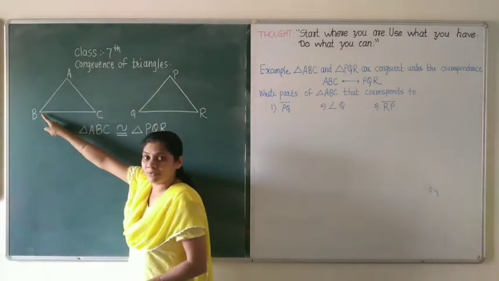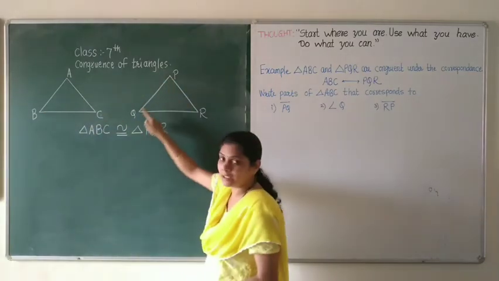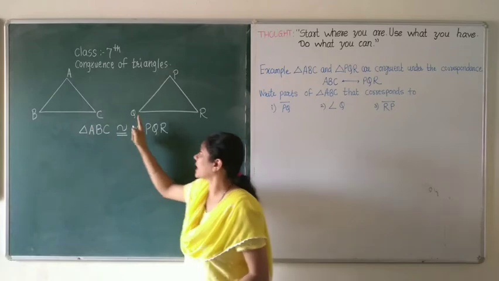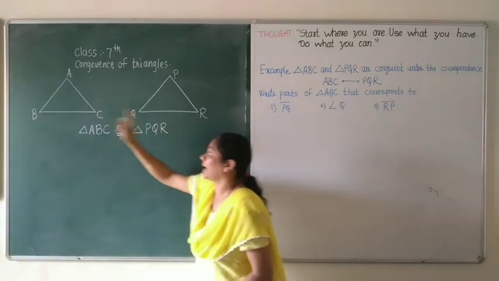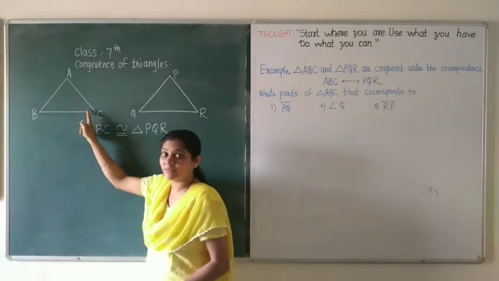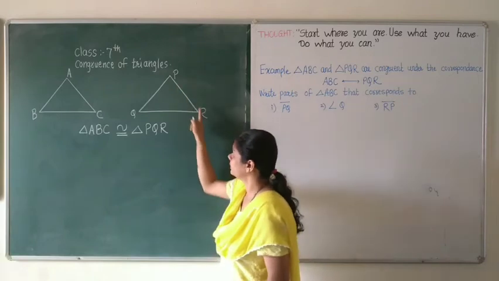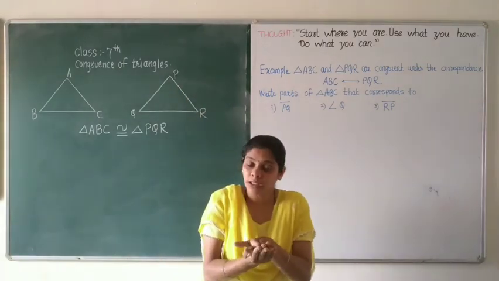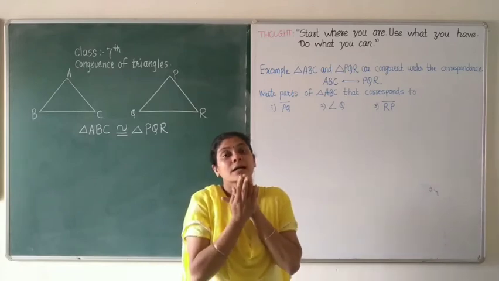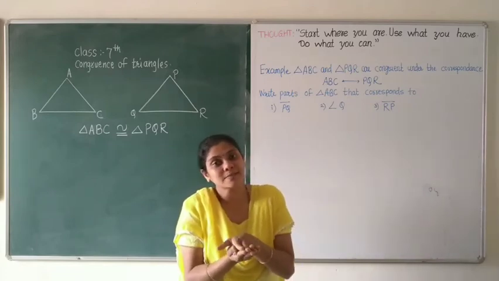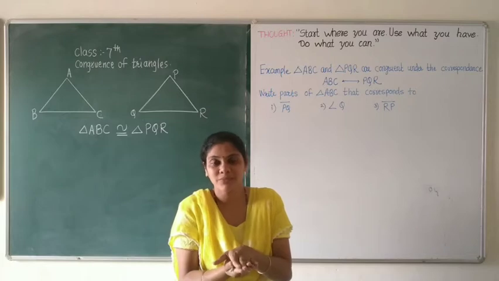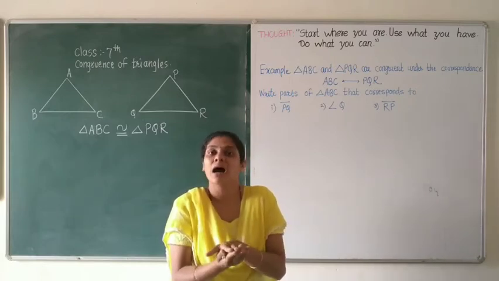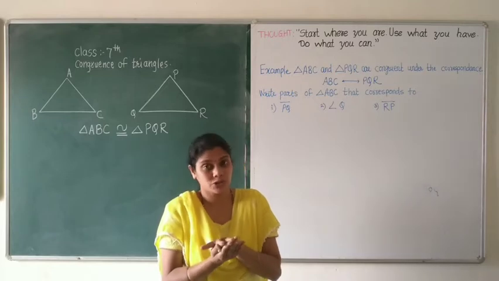Segment AB will fall along segment PQ. Segment BC will fall along segment QR. And segment AC will fall along segment PR. That means when we place both papers on each other, they touch each other in the same size and same length. That means those vertices and those sides correspond to each other.